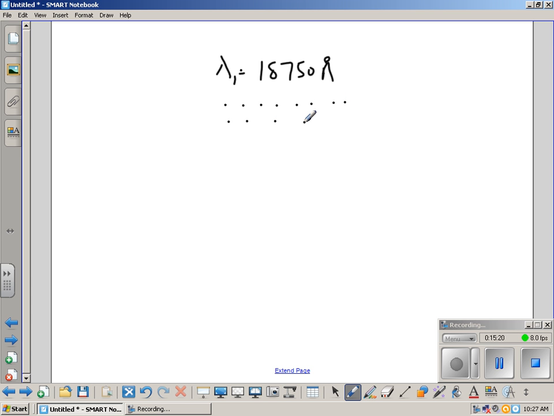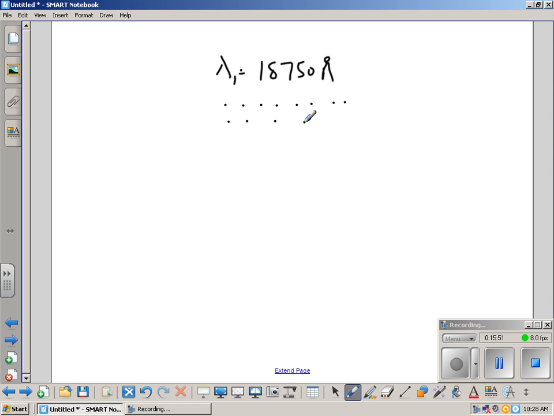How do you get the last member of this spectral series? By putting n2 equal to infinity and n1 equal to 3. If you put that, you will get the limiting member, the last member.